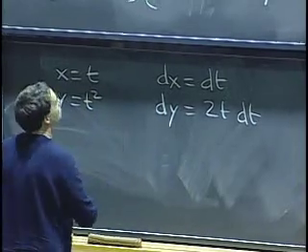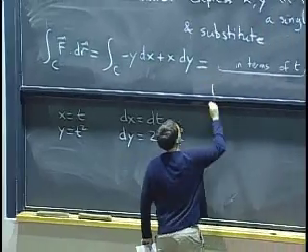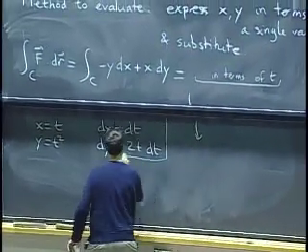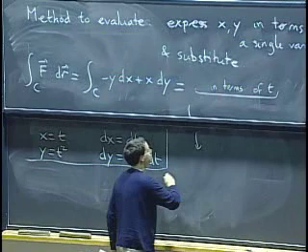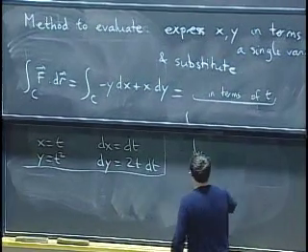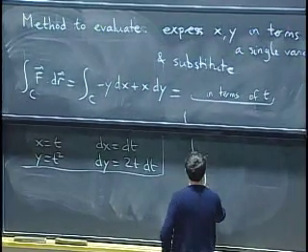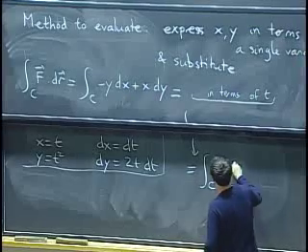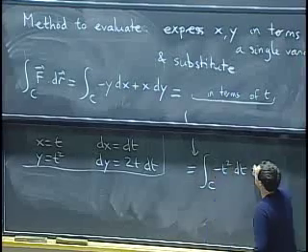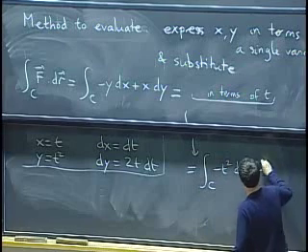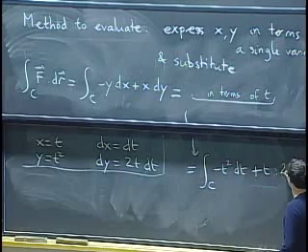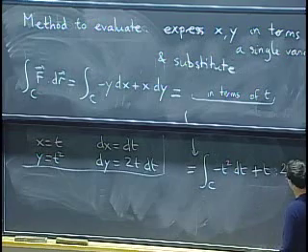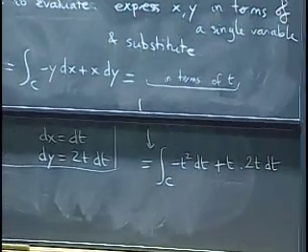So now, I'm going to do it again. I'm going to switch from one board to the next one. My integral becomes the integral over C of negative y, which is minus t squared dt, plus x, which is t, times dy, which is 2t dt. Okay?